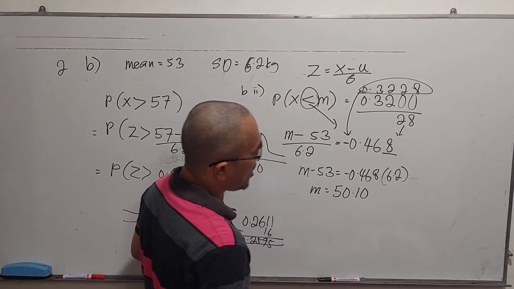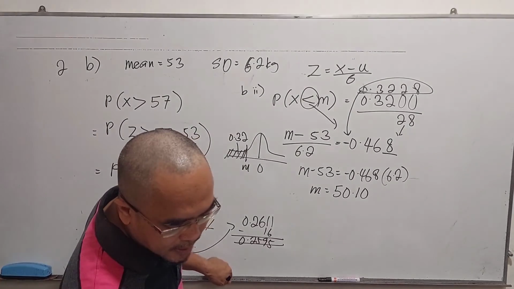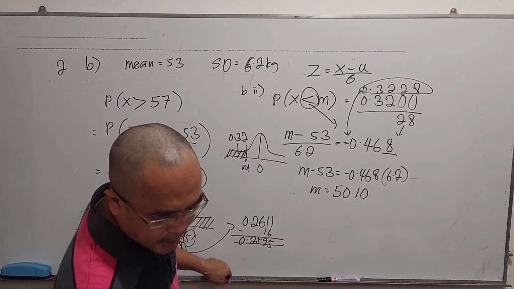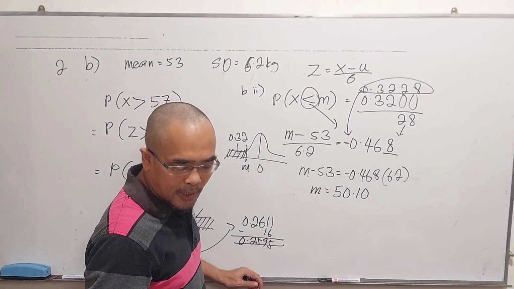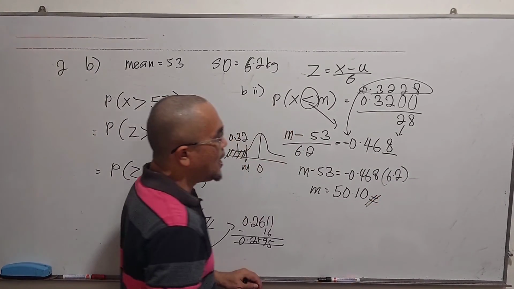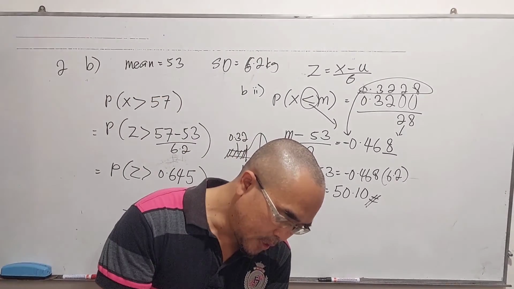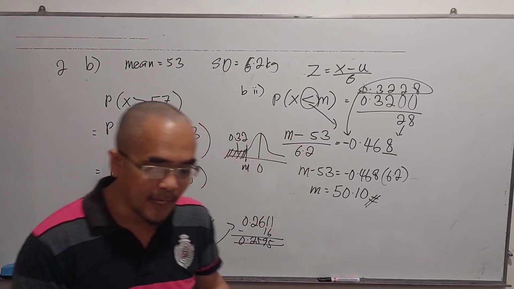I'll give it up to 2 decimal places. 50.10. Okay, that is the answer.